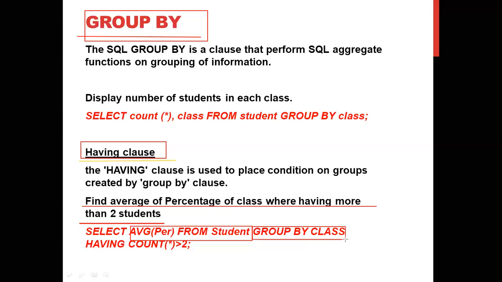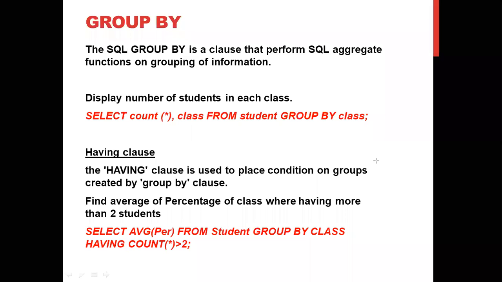The condition is that the number of students is more than 2. This is having, not where, because we are using group by, so where is replaced by having. And the condition is count star greater than 2.